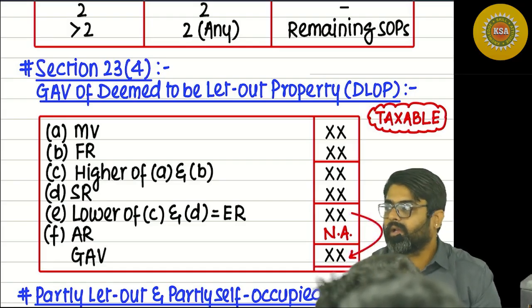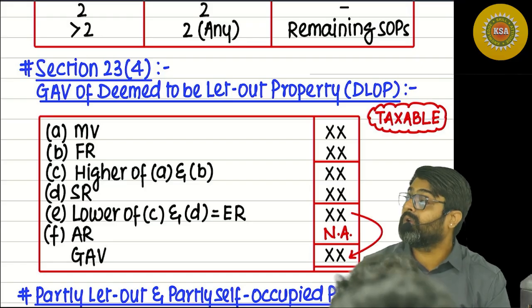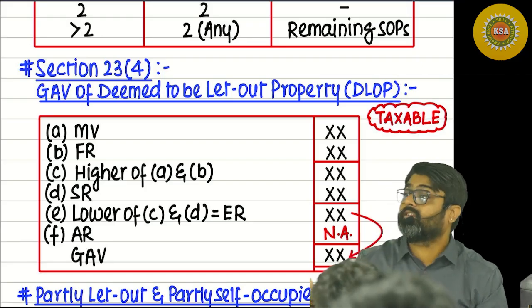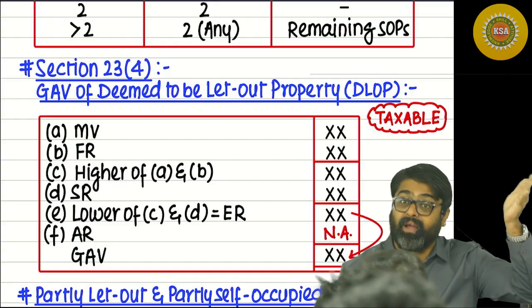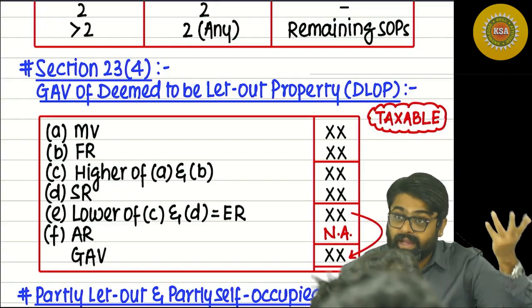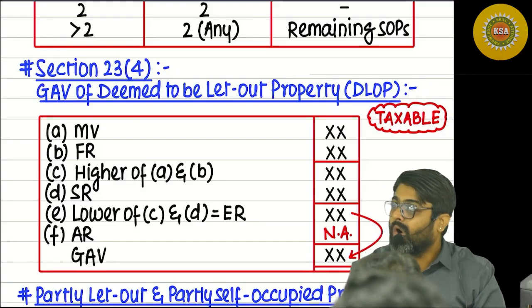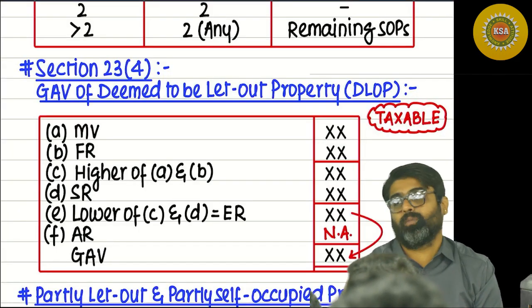So the calculation is comparatively simpler as compared to LOP, because in LOP you will have actual rent, you will have vacancy, and you will have unrealized rent also. Yes or no? All those things will not be here. Why? Because it is not actually a let out property, it is a deemed to be let out property.